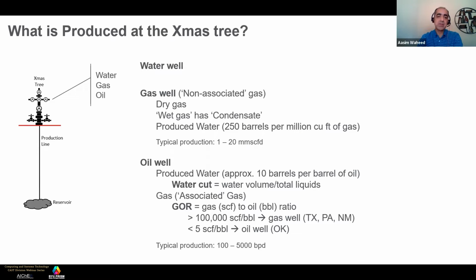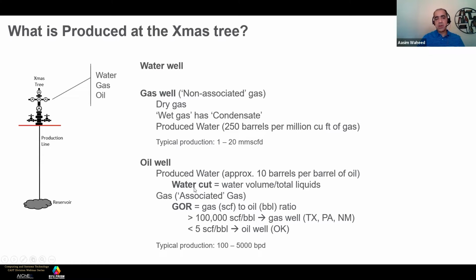And when a well is producing oil, it's actually producing water and gas and oil. In this case, if it's producing gas, that gas is called associated gas, which means that it's associated with oil. And because there's water and we're looking for oil only, you'll probably come across this wording quite a bit.